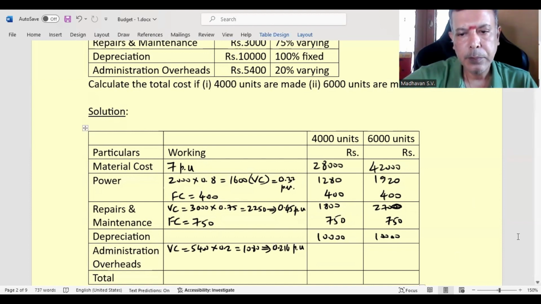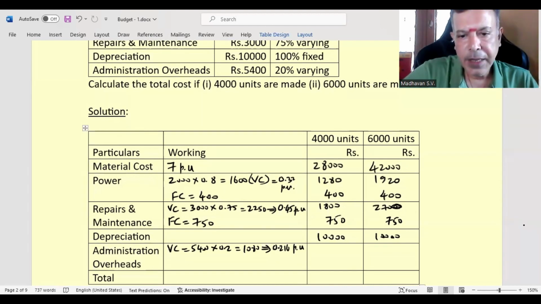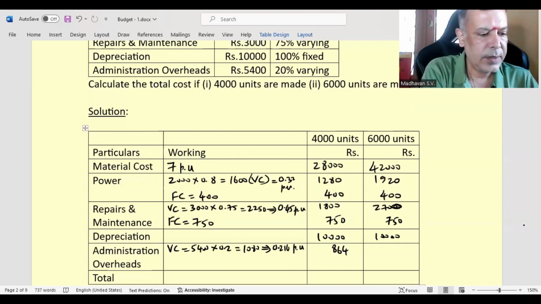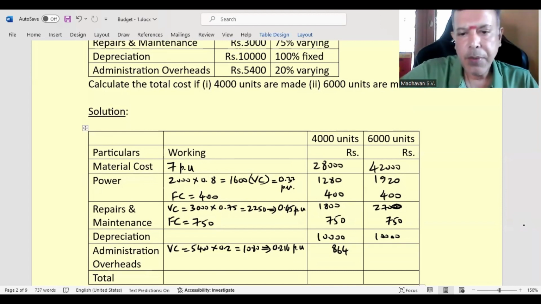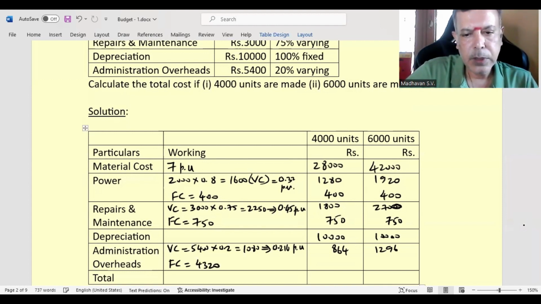So 0.216 into 4,000, we get here 864. 0.216 into 6,000, there we will get 1,296. Then here fixed cost will be 5,400 minus 1,080. We get 4,320. That we will write full amount. No need to convert it into unit.